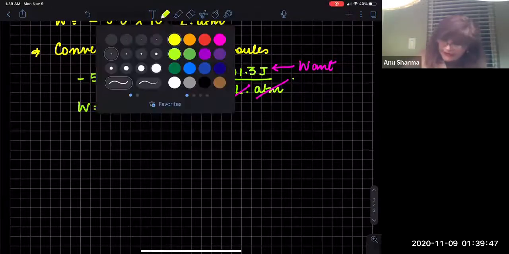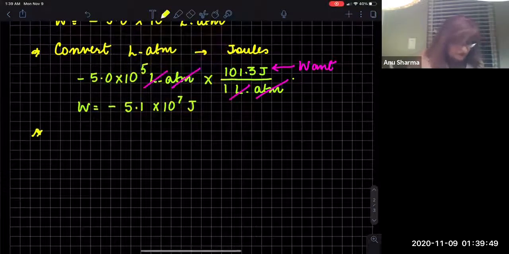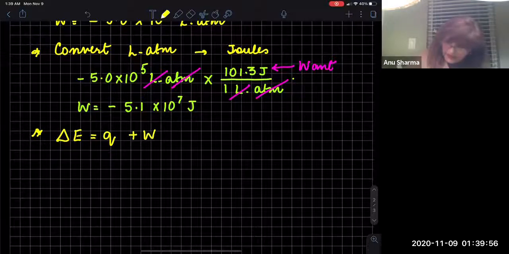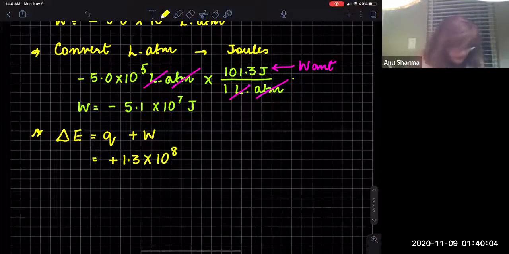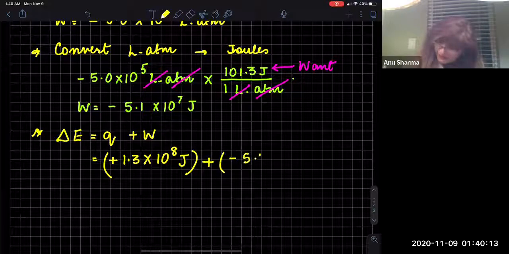Next, now you're going to just plug in the numbers. Delta E is equal to Q plus W. Now what are we given regarding Q? Q is positive 1.3 into 10 to the power 8 joules, plus negative 5.1 into 10 to the power 7 joules.